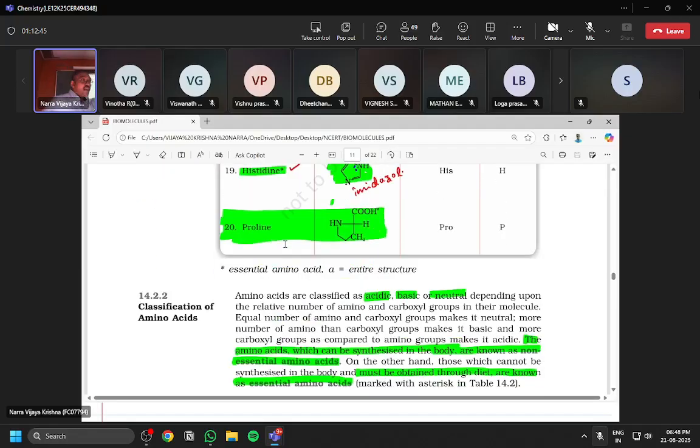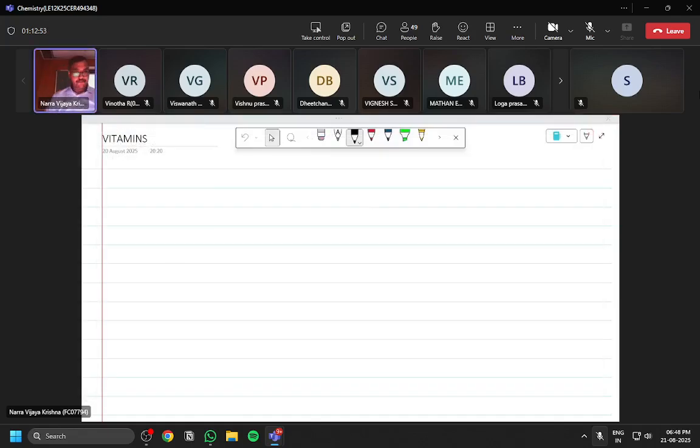These are 20 amino acids. They are classified into essential and non-essential. So I will do one thing. We will try to remember them by using one mnemonic, right?